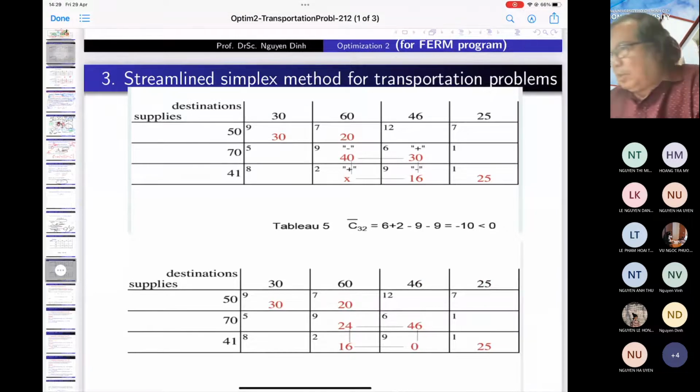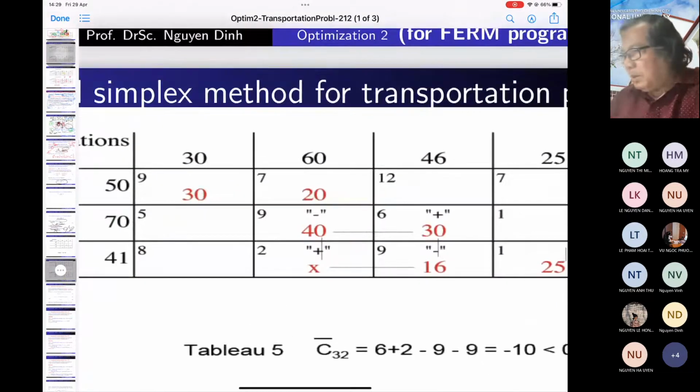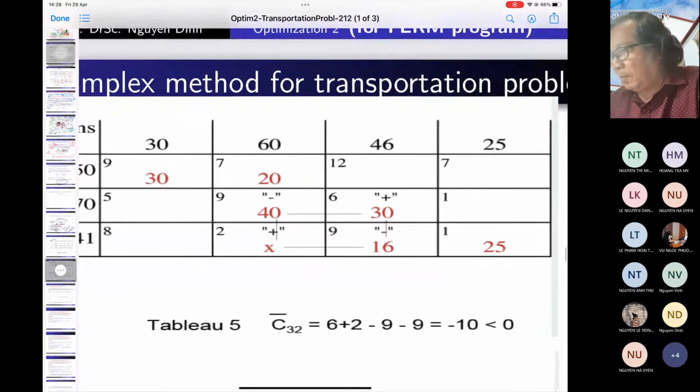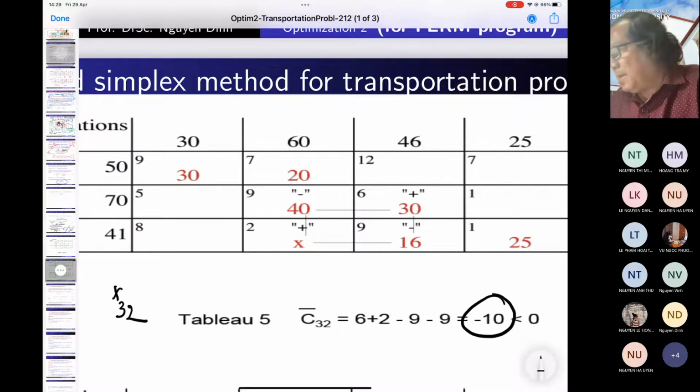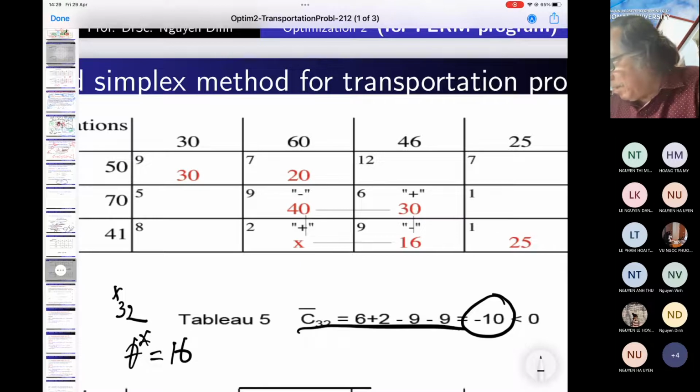For example, here, if you look at this one, and if we consider here is x32, and the C bar is minus 10, okay, and then you see that the minus side is 16, and then the theta star is 16. C bar is minus 10.